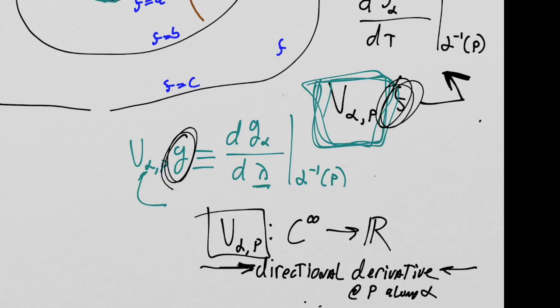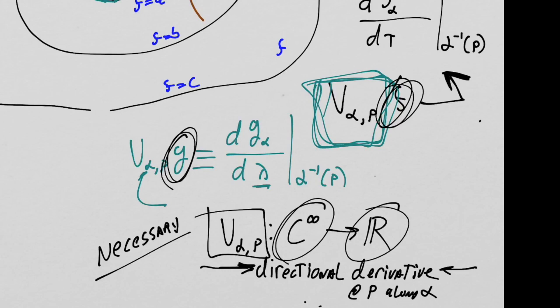And the big takeaway, the thing that we've been building up to, is that it necessarily exists. Alpha necessarily exists, P necessarily exists, this C infinity necessarily exists, R necessarily exists, ergo, it is necessary that this guy exists. So we didn't create it, it came into existence when the manifold came into existence.